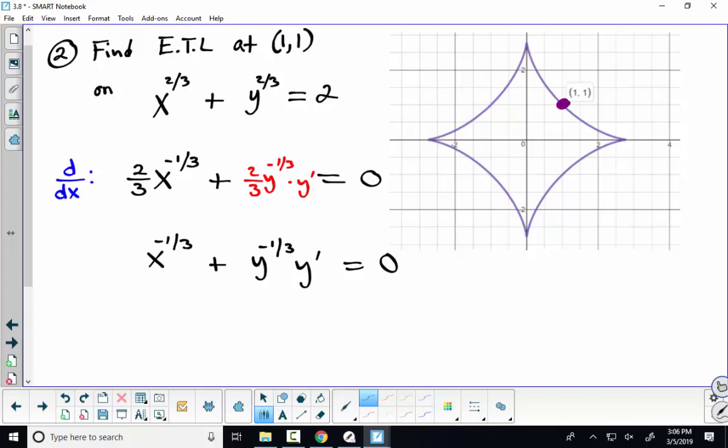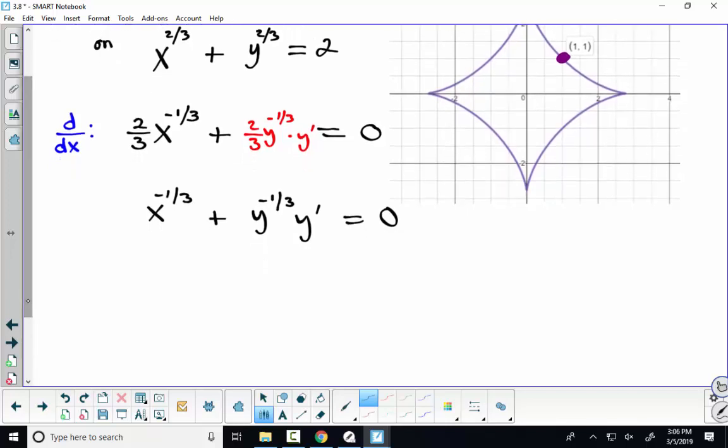Solving for y prime, we have to subtract the x to the negative 1/3 on both sides. So we're going to subtract that on both sides. That's y to the negative 1/3 times y prime. And we'll divide through by y to the negative 1/3.